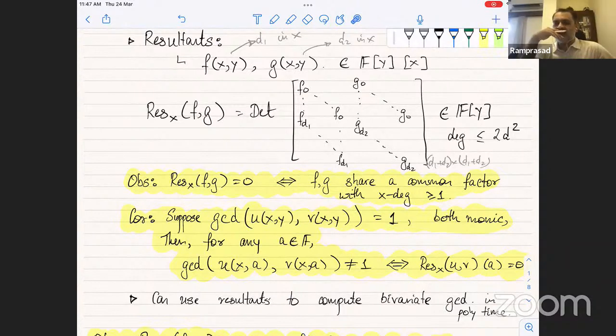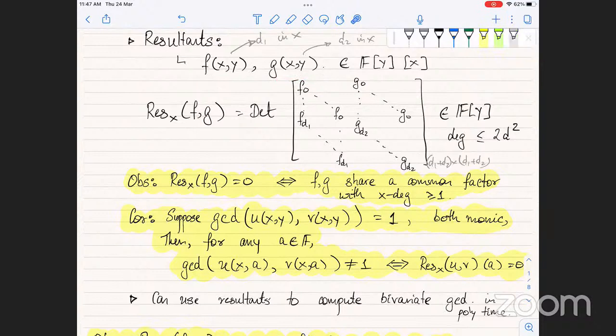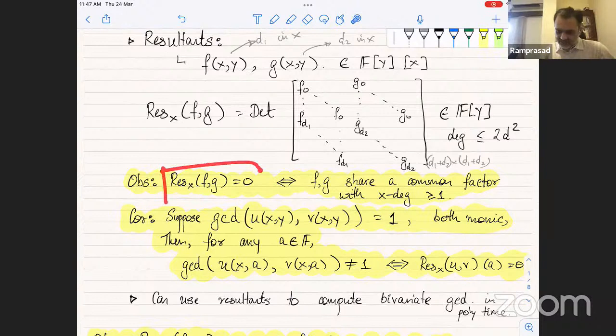I'm thinking of a possibility that f and g share a common factor which is purely a function of, let's say, y alone. Then when you take the resultant with respect to x, you might get something which is non-zero, because the resultant with respect to x will only tell you whether or not there is a common factor that is dependent on x.